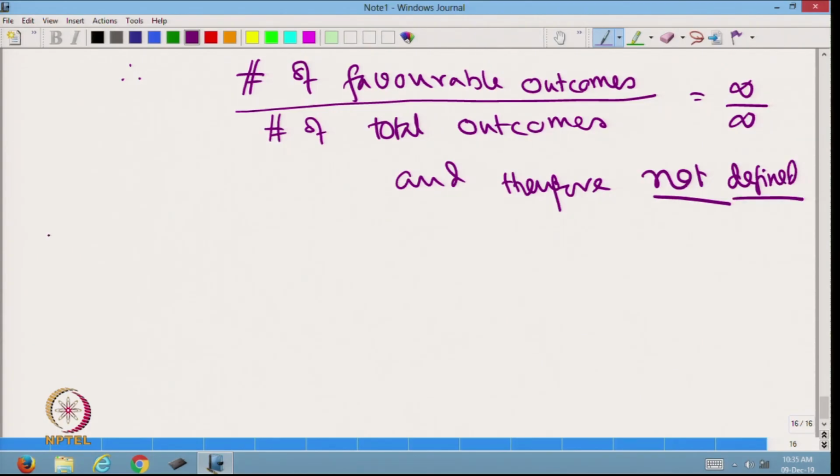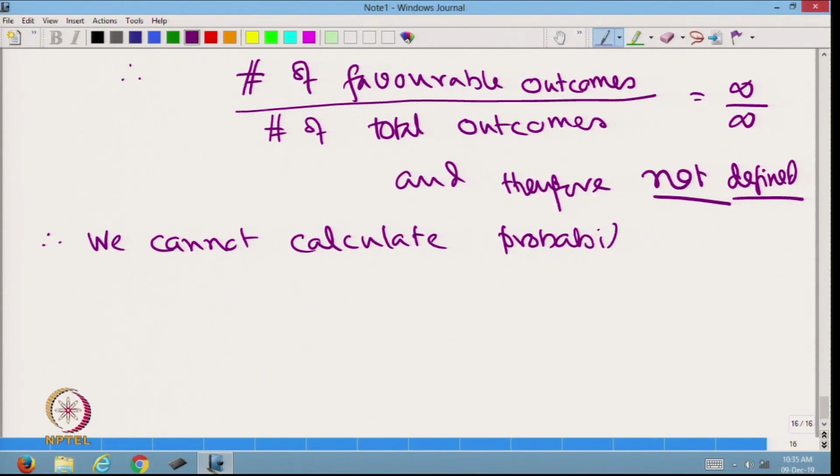And if it is not defined, we cannot calculate probability as the ratio of these two numbers.